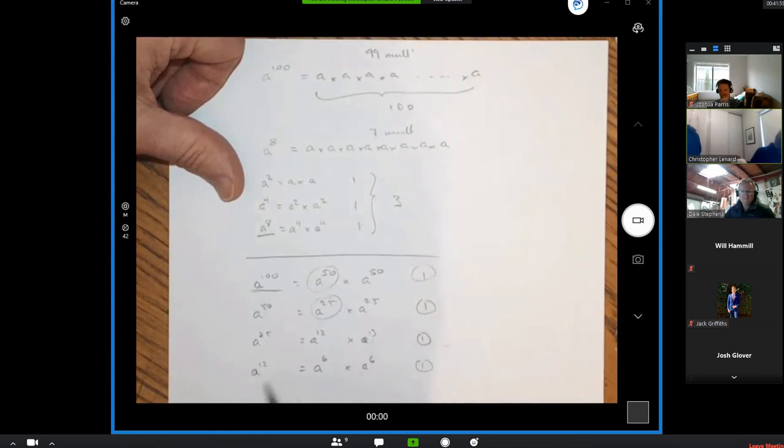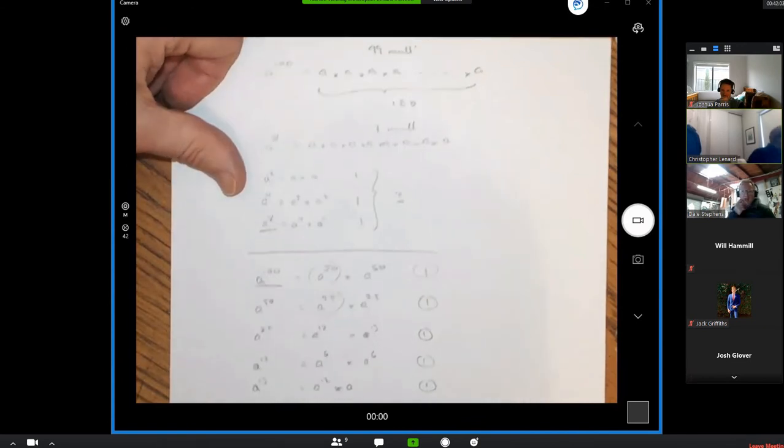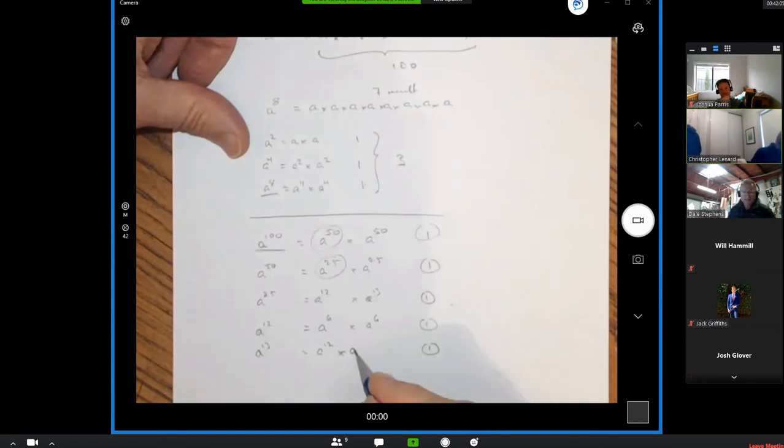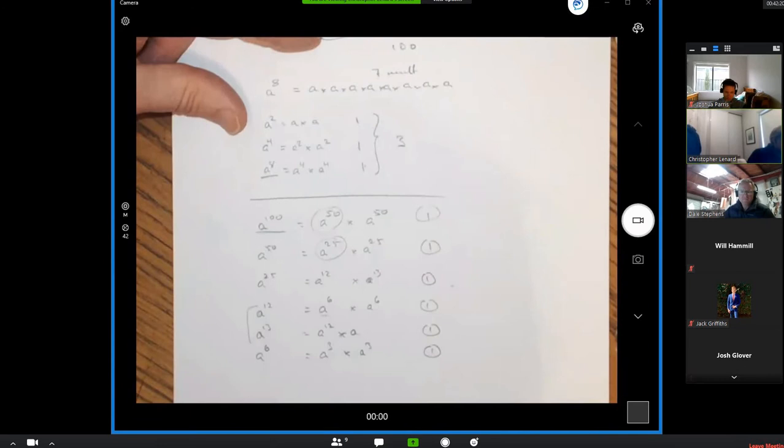And to get a to the 13, maybe I could do a to the 12 times a. So that'd be another computation. I've still got to work out what a to the 6 is. Maybe I could do a cubed times a cubed, which would be another one. How could I get a cubed?